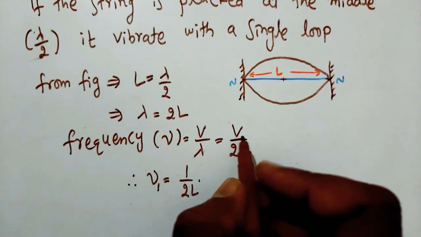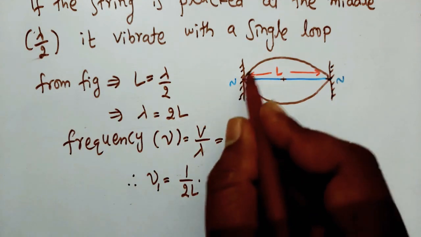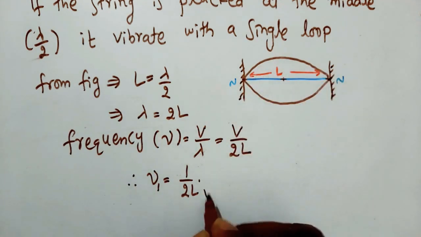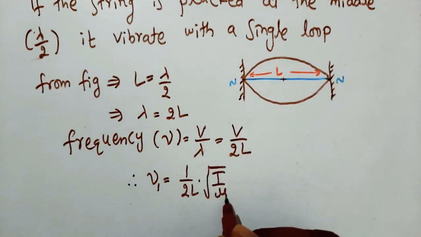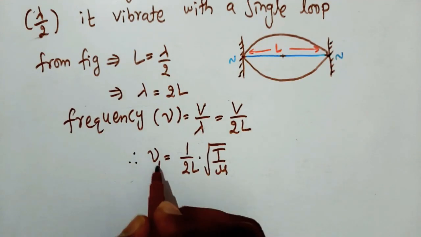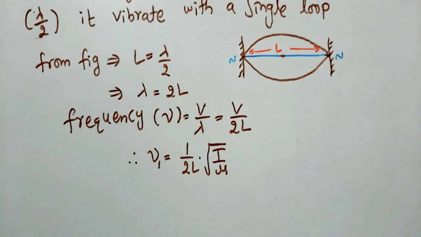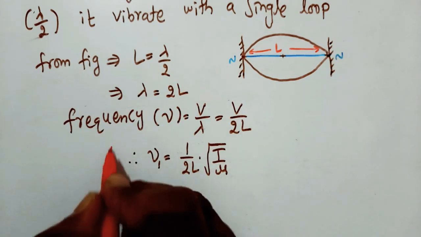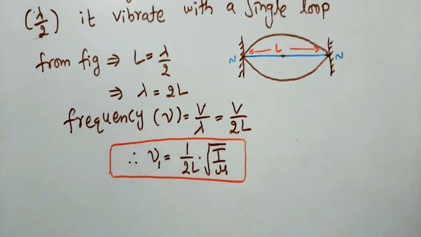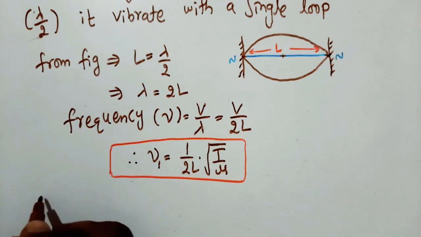We know the velocity of wave in a stretched string is square root of T by mu. Therefore nu1 is equal to 1 by 2L into square root of T by mu. This is known as fundamental frequency or first harmonic frequency.